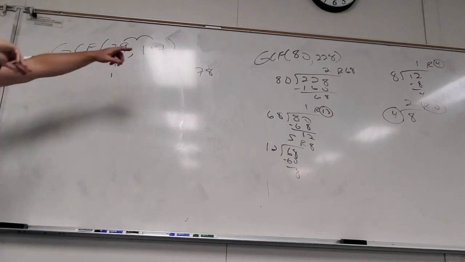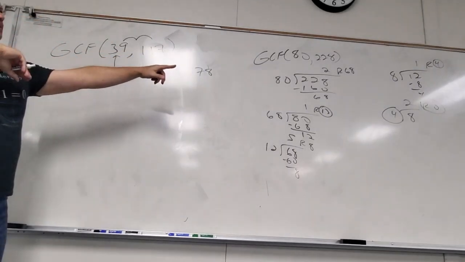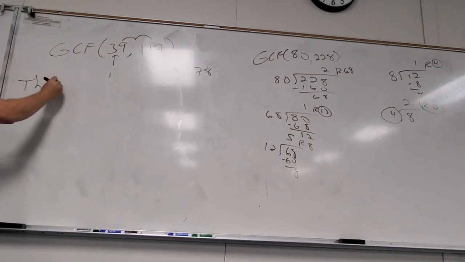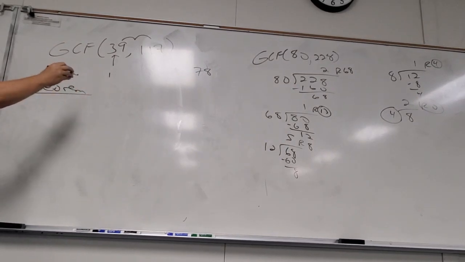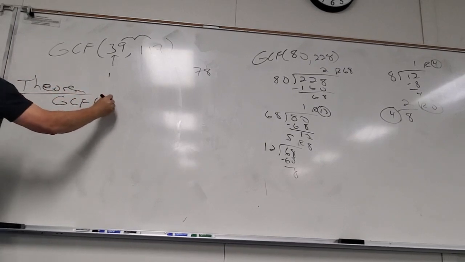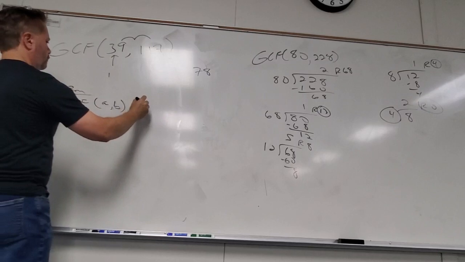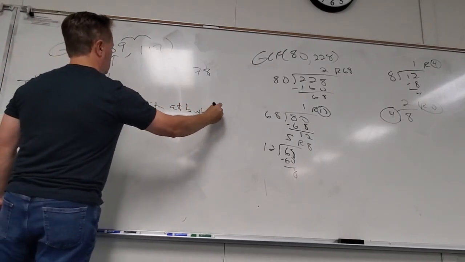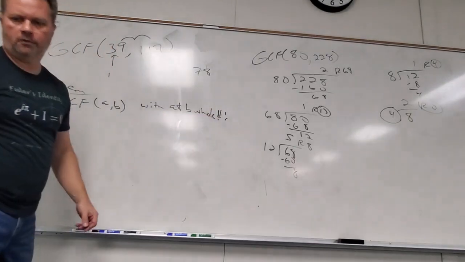So just to kind of summarize what we did over there. Here's another little theorem. That's kind of an improvement on our earlier one. GCF of A, B, with A and B whole numbers. What else?